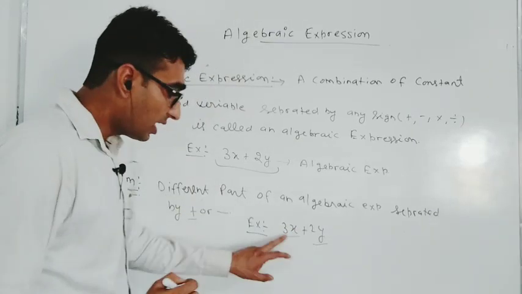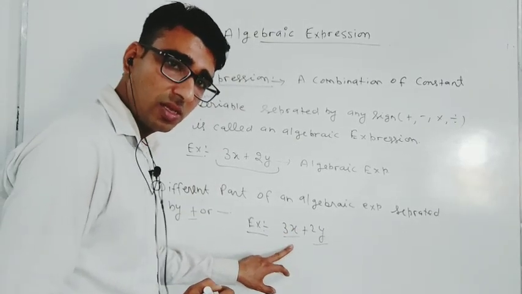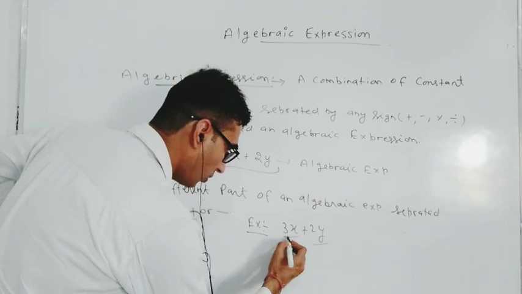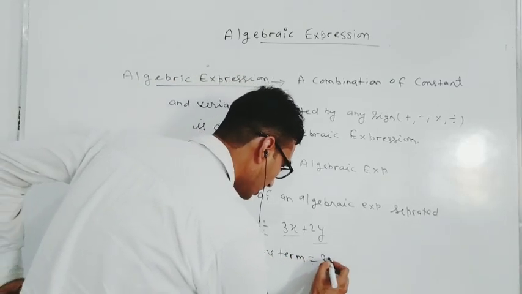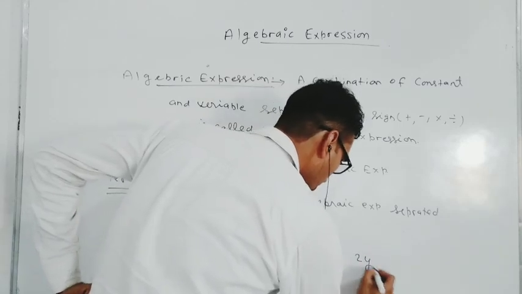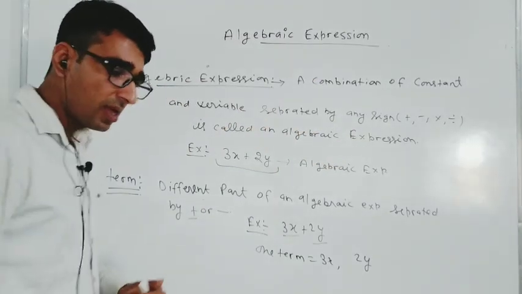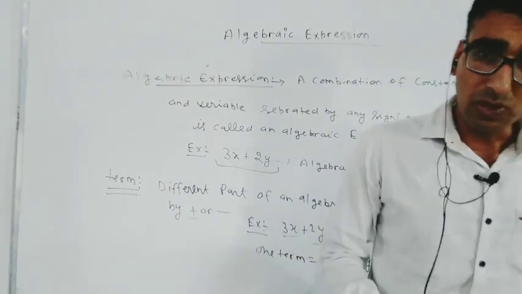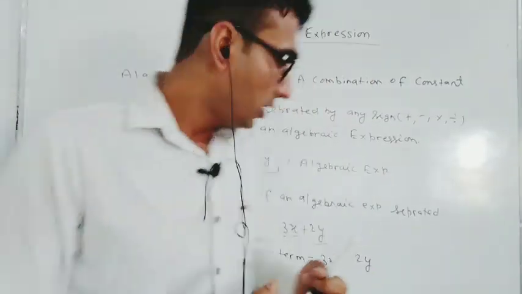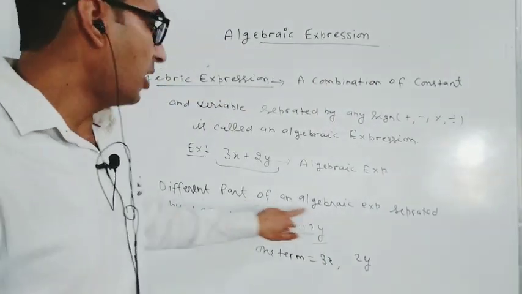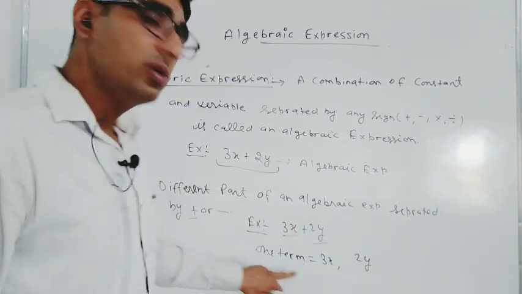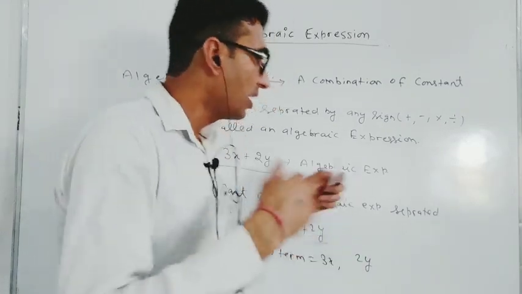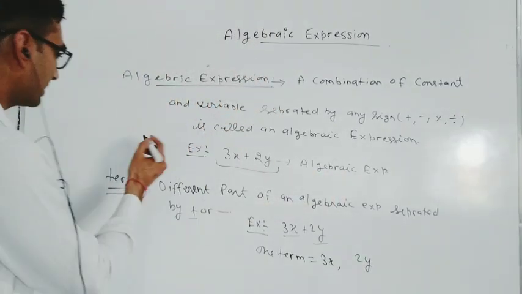So here there are two terms. One term is 3x and other term is 2y. Okay, beta. I hope you can understand. Understand this by one more example.